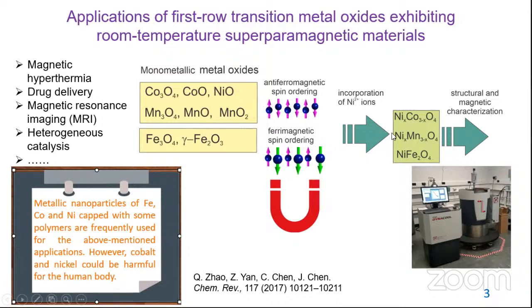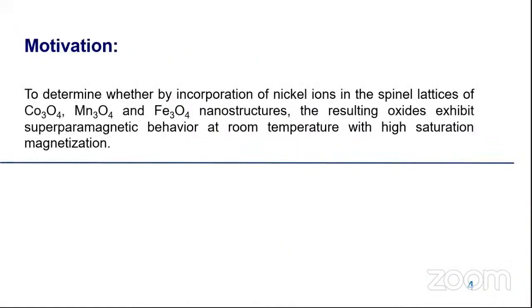So we prepared three sets of samples: nickel incorporated cobalt oxide, nickel incorporated manganese oxide, and nickel incorporated iron oxide. So nickel ferrite, we can say. And we characterized their magnetic properties, other textural parameters, and morphology to study and understand the supermagnetism induced in them.